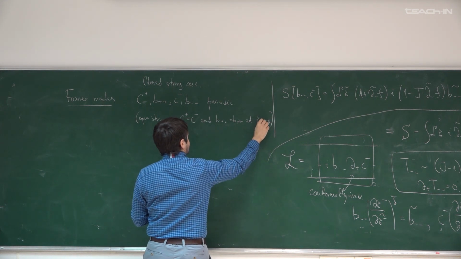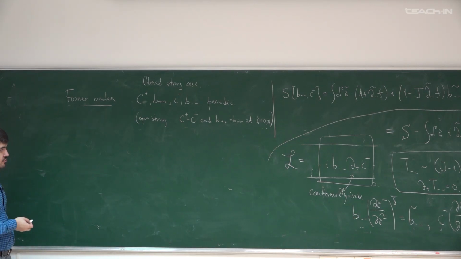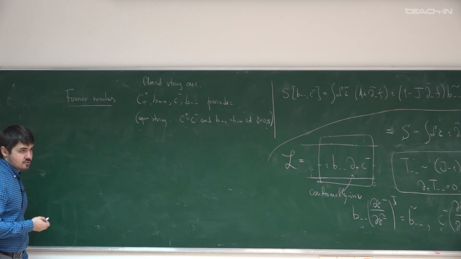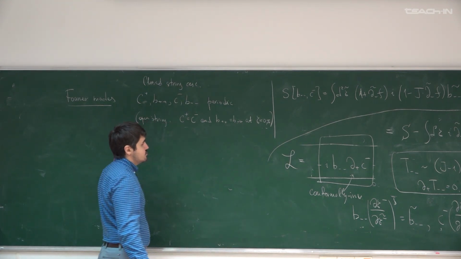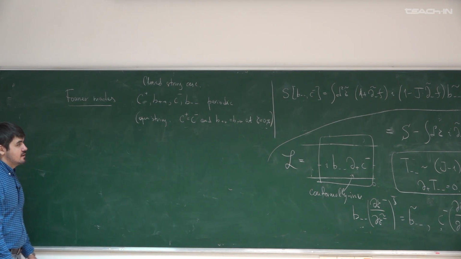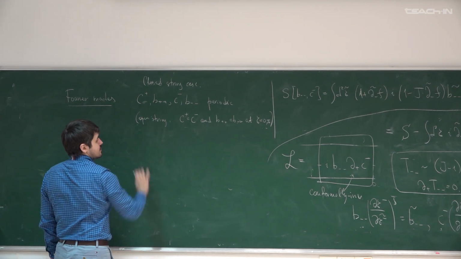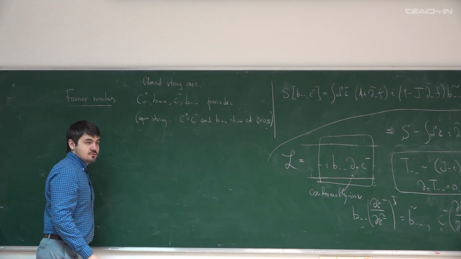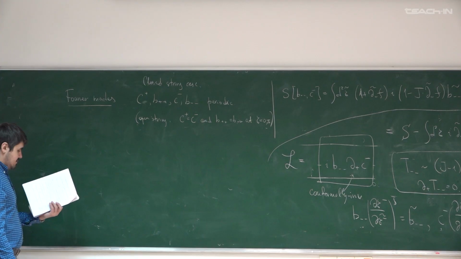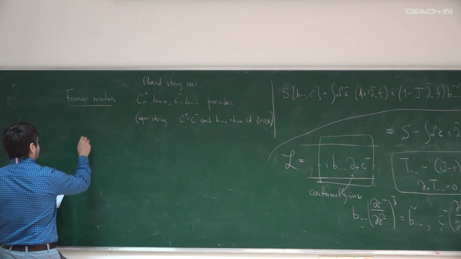So the boundary conditions are dictated by the symmetry. So the BRST symmetry will dictate that certain boundary conditions are satisfied. But we will drop this part and just consider the simpler case of periodic boundary conditions, where we can just expand C's and B's in Fourier modes directly.